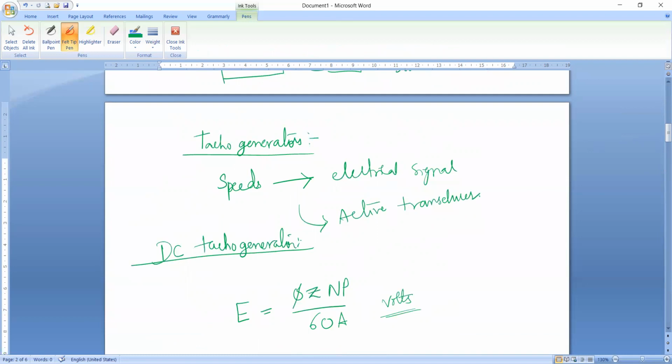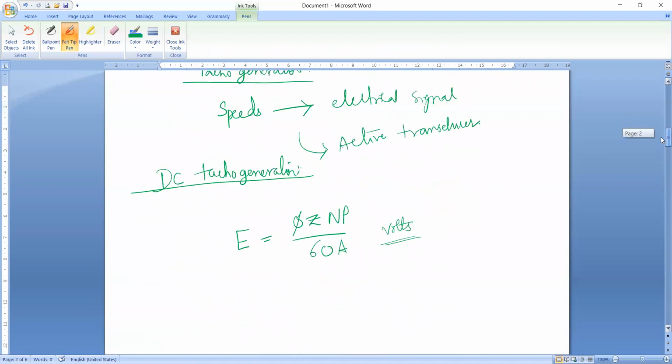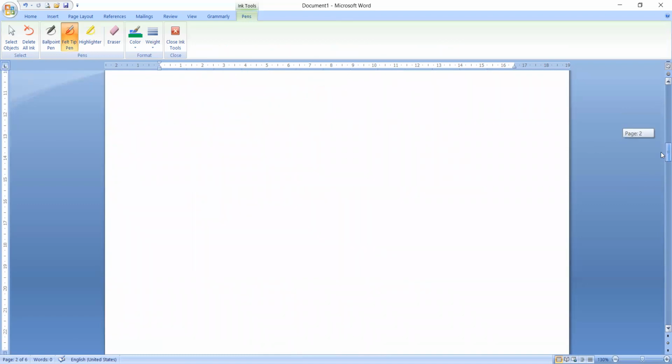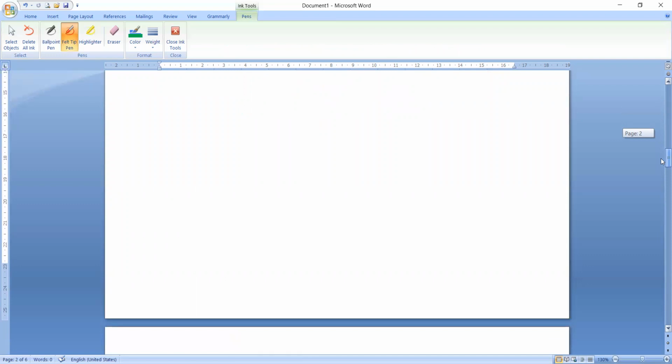How speeds are directly converted into electrical signals, and DC and AC tacho generators. After that, we saw ultrasonics. Ultrasonics are sound waves beyond the audible range, so these sound signals cannot be heard, and they have many applications as mentioned in this topic.